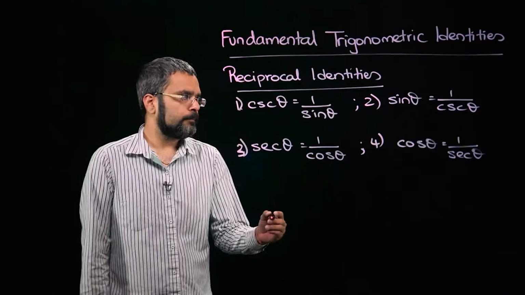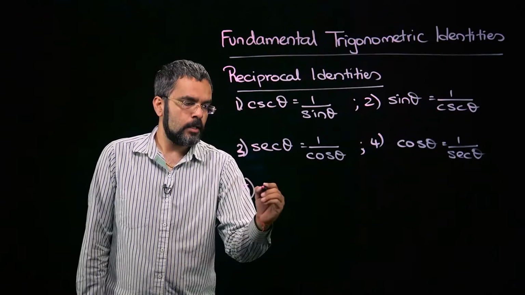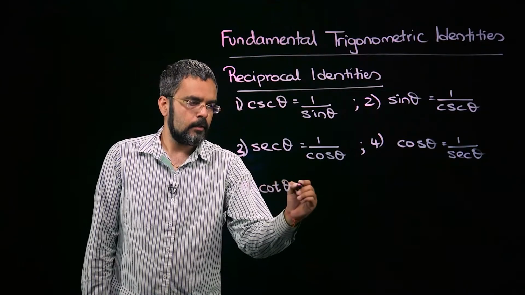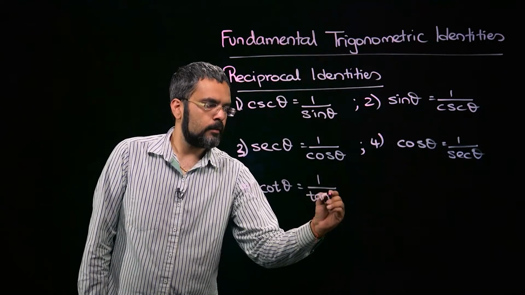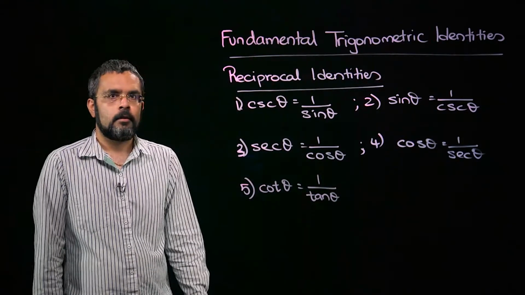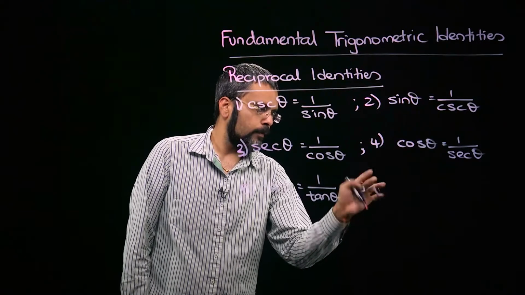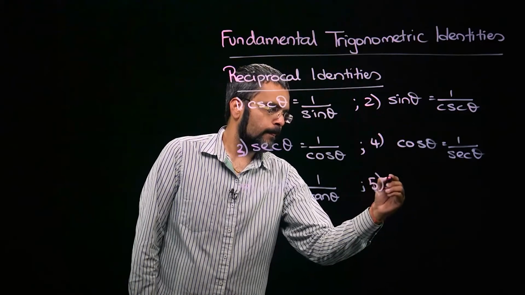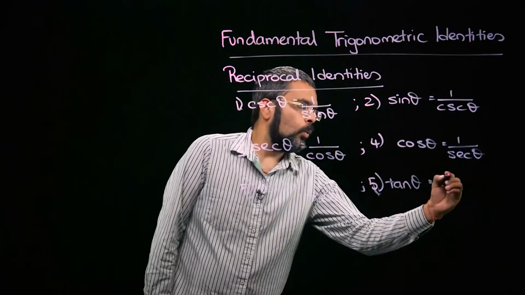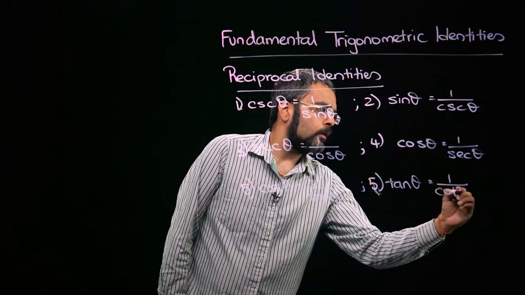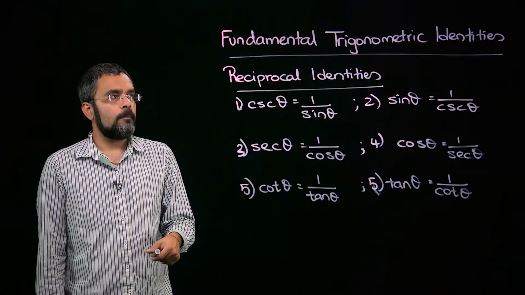Okay, and then we have number 5, which is cotangent theta is 1 over tangent theta, and we can pair that up with tangent theta, which is number 6, 1 over cotangent theta, right? So these are your 6 reciprocal identities.